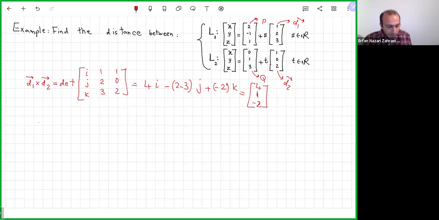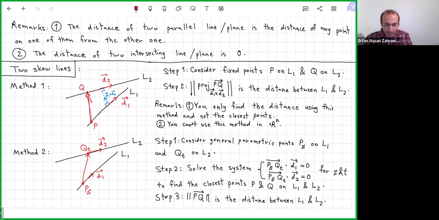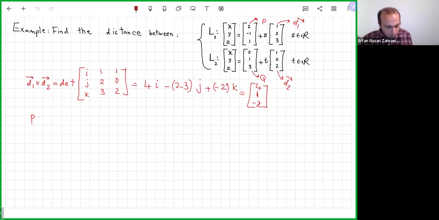Okay, good. Now, I also want PQ, and then I need to project this onto that. So PQ, what is it? It's the coordinates of Q minus the coordinates of P, which is 0 minus 2, 1 minus negative 1, which is 2, and then 3 minus 1, which is 2.